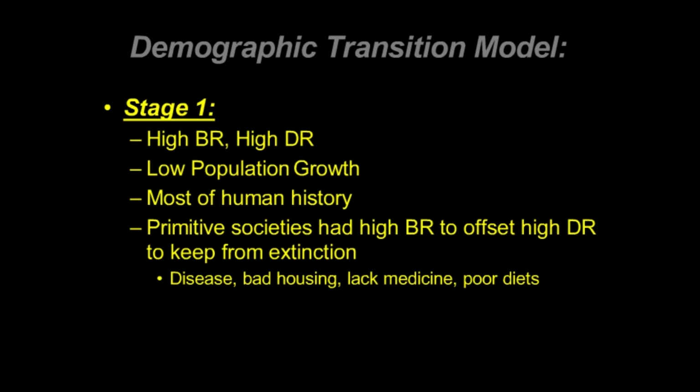Other things were disease, bad housing, lacking medicine, and poor diets, which were common reasons why death rates were much higher than they are today. And today, in the 21st century, 99.9% of the world is no longer stage 1. So no countries today you can say are stage 1.